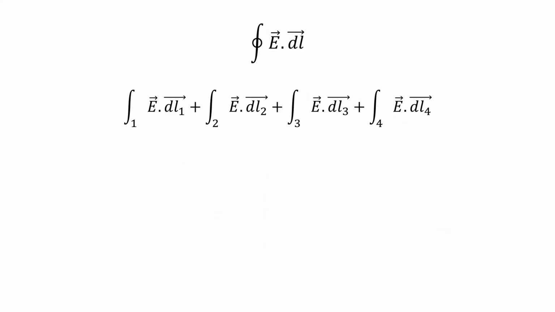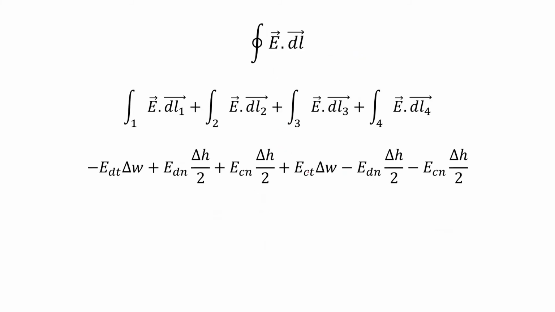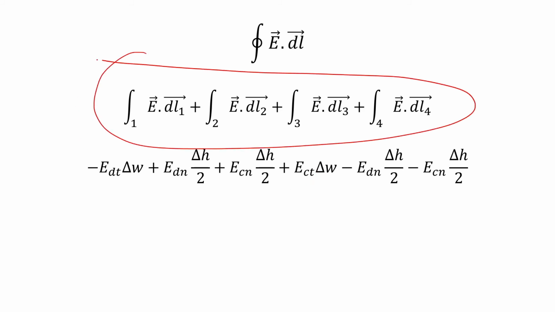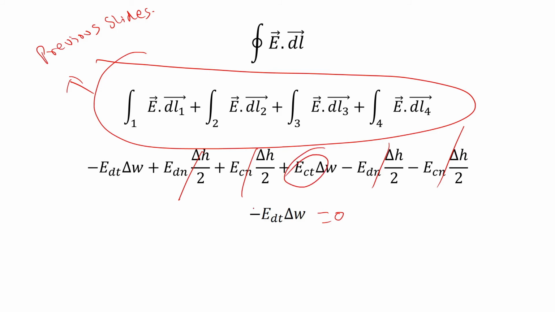Now, because Ect itself is equal to 0, and the relations we have, I assume that you know how to integrate this from the previous slides. When these two cancel out, I'm again left with Edt times delta W equal to 0, since this is also equal to 0.